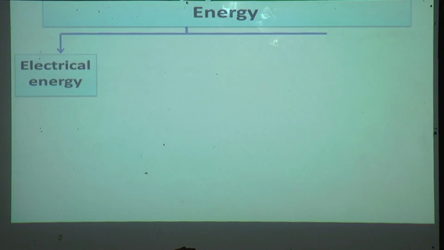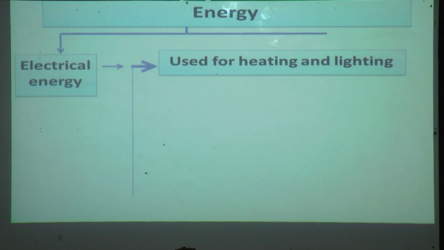And lastly we have seen about electrical energy. It is used for heating and lighting. Yes, electrical energy can be used for heating and lighting. With the help of electrical energy we can heat an object, and we can cook food also.